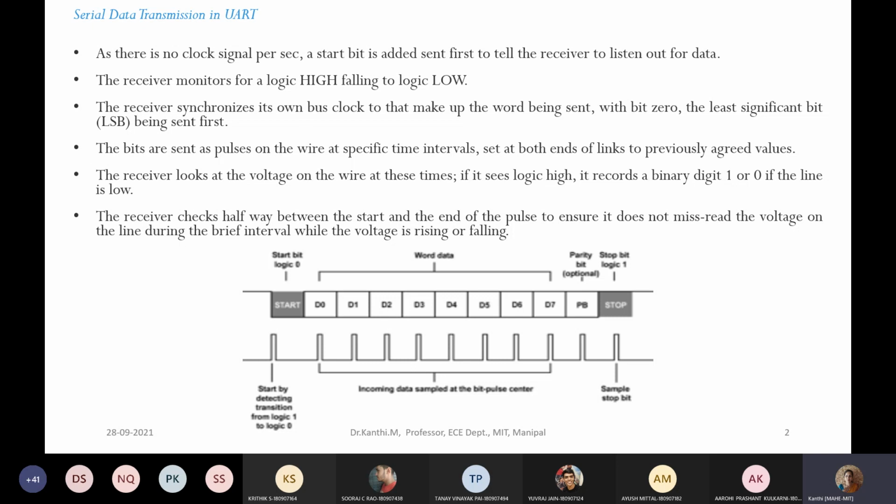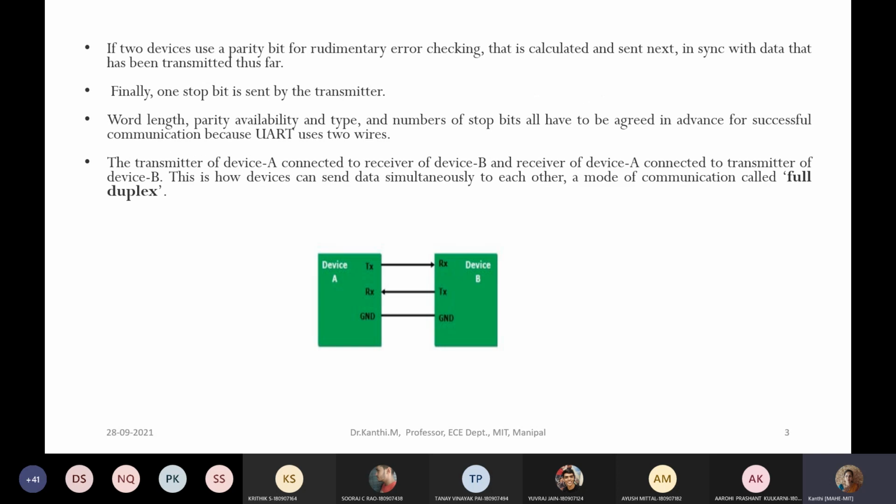You have certain voltage levels through which you are passing the data. So how do I ensure whether the data is 1 or 0? Through the voltage levels. And if you know the UART interface, it is simple to wire, having transmit data and receive data, and a ground.